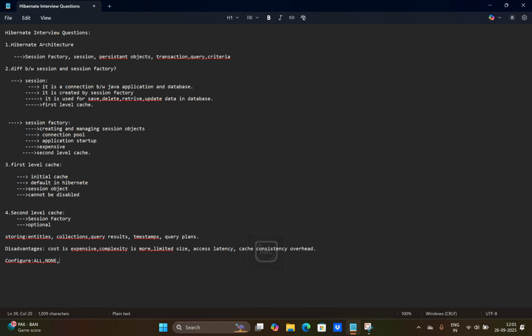This is the question. While coming to the fifth question: What's the difference between the first level cache and the second level cache?